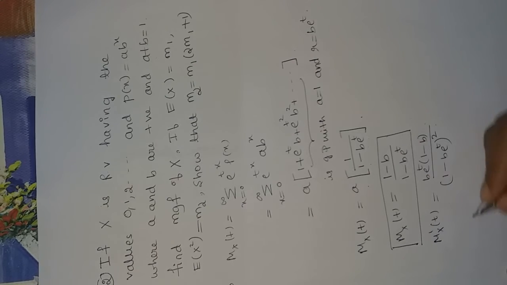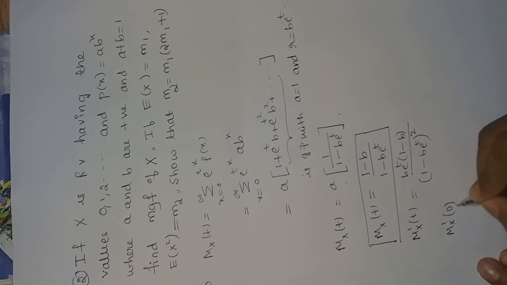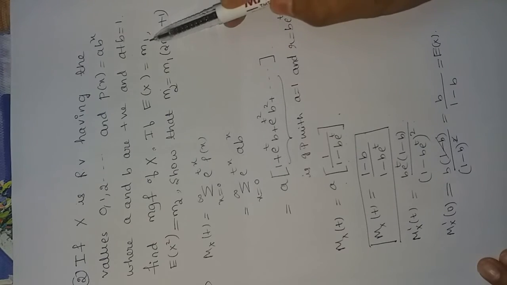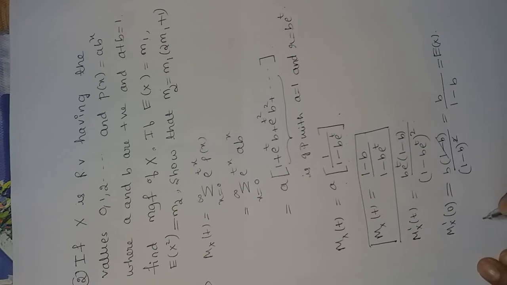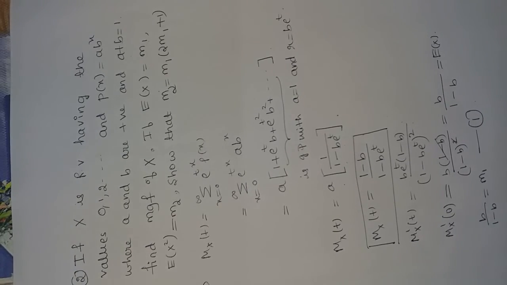Then putting t equal to 0, we get Mx dash of 0 as b into 1 minus b upon 1 minus b whole square. 1 minus b gets cancelled. So we get b upon 1 minus b. This is expectation of x, and it is given that expectation of x is m1. So b upon 1 minus b is m1. I'll take this as equation 1.